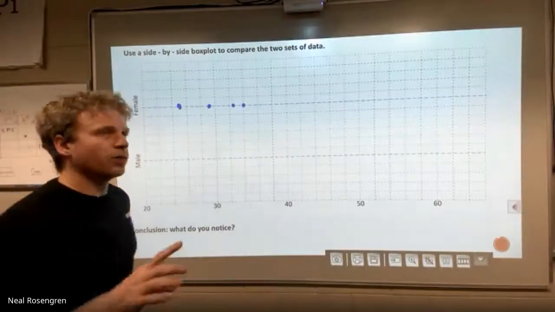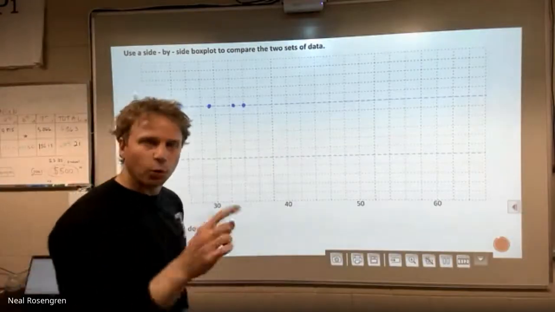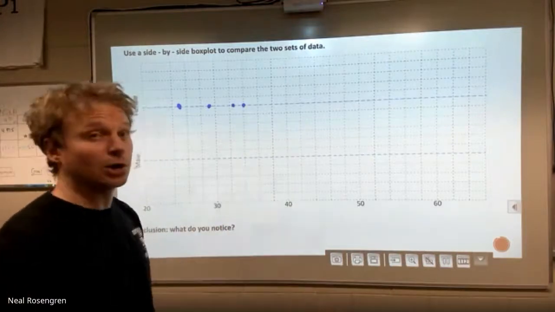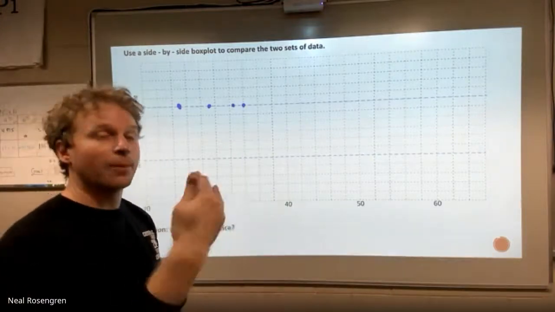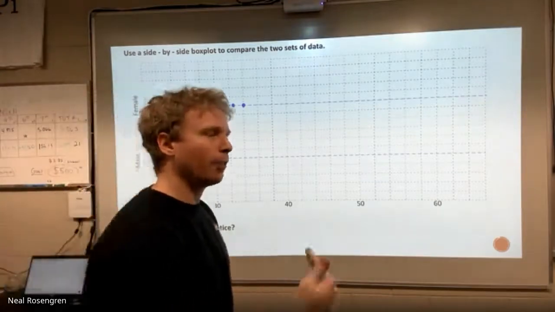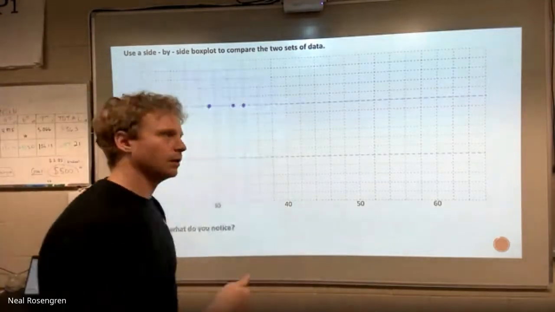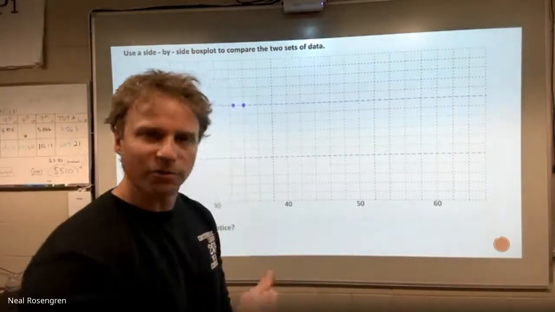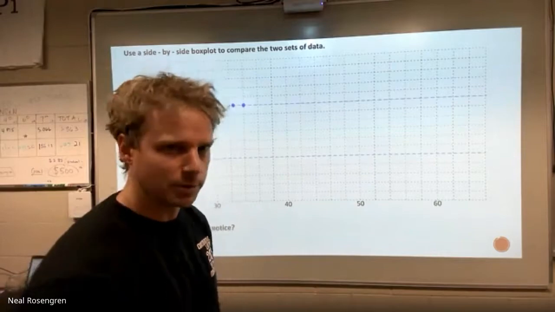Now, remember the 45 and the 61, those numbers were bigger than the boundary that we figured out for the females, right? When we did that upper boundary, we found that it was like 44 point something, or 43 point something.